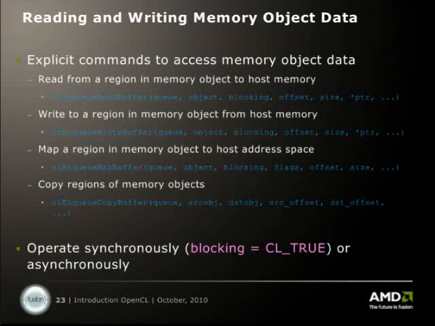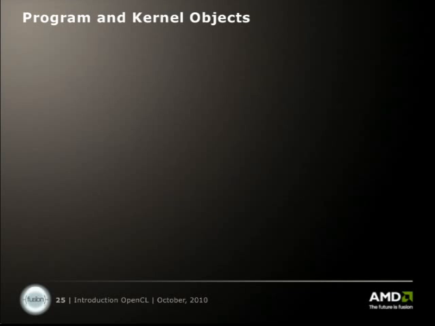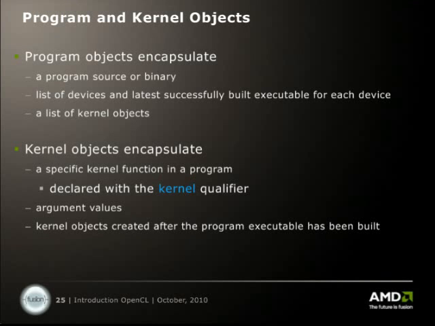The exception is these reads and writes, where you can pass in a blocking parameter. This is the one up here on these two that says blocking. If it's set to CL_TRUE, then it will operate synchronously. Otherwise, if it's set to CL_FALSE or anything else, it will execute asynchronously.